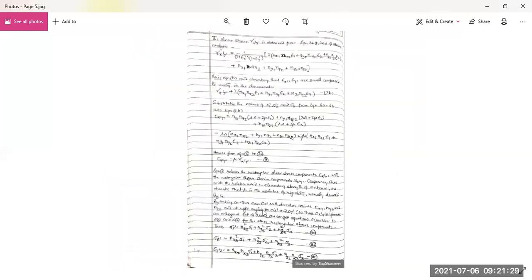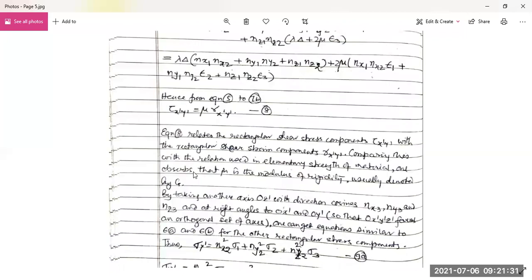Now we know from this equation 8, the relation between the rectangular shear stress component tau x'y' and the rectangular shear strain component gamma x'y'.